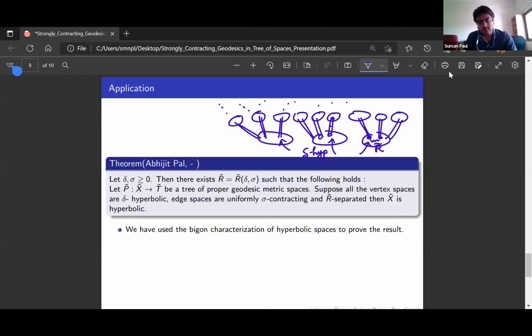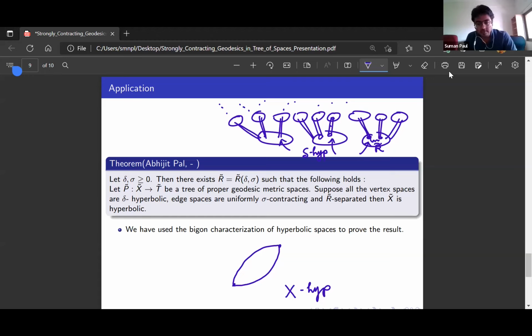And we have used the bigon characterization of hyperbolic spaces to prove this result. The bigon characterization basically says that if you take any two points and you take a bigon, and this is a hyperbolic metric space, then this bigon is delta-thin.